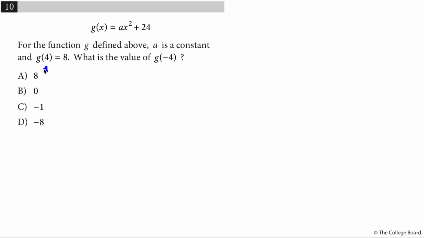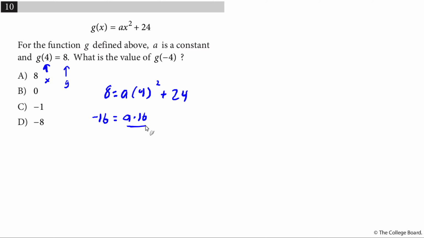I know that in this, my x value is 4, my g value is 8, so I could actually solve the equation. 8 equals a times 4 squared plus 24. Subtract the 24 from both sides, so I would get negative 16 equals a times 16.